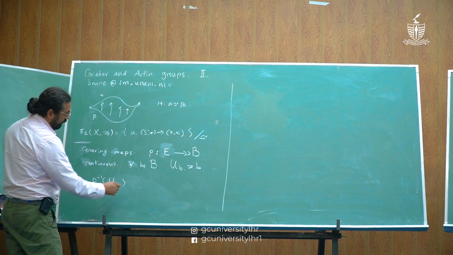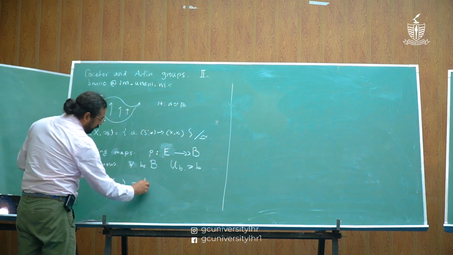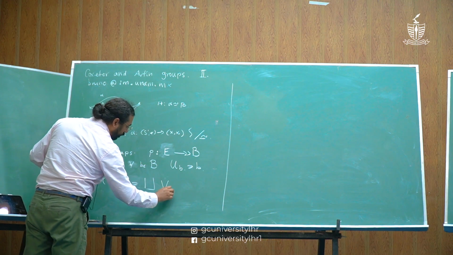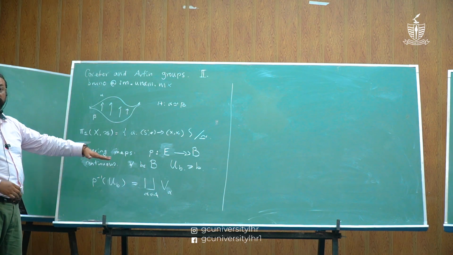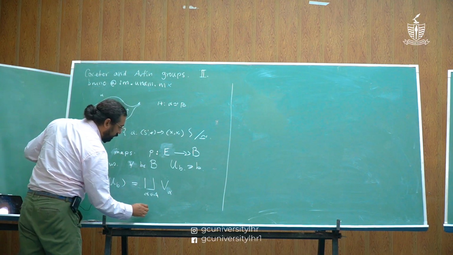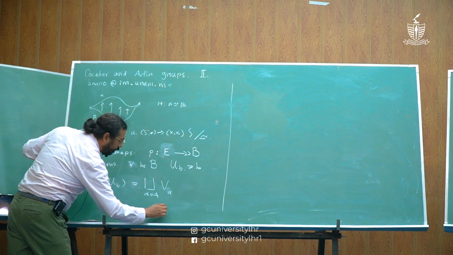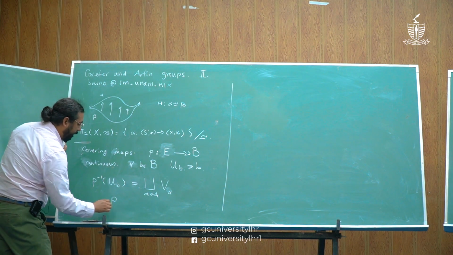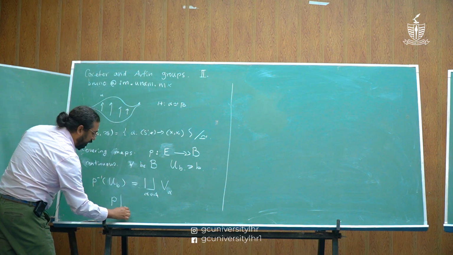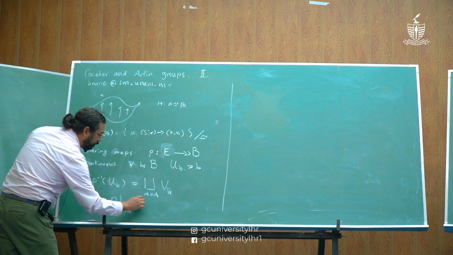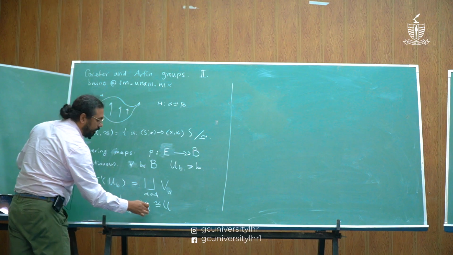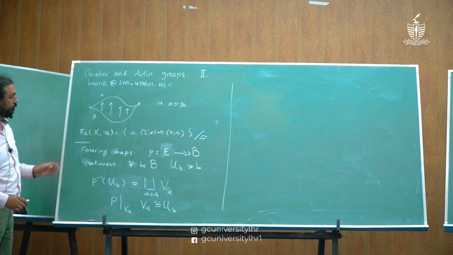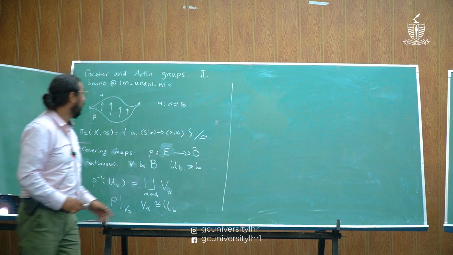When you look at the inverse image of U_B, this is exactly a lot of copies, such that when you restrict P to B alpha, this gives you a homeomorphism between B alpha and U_B. Okay? This is a covering map.